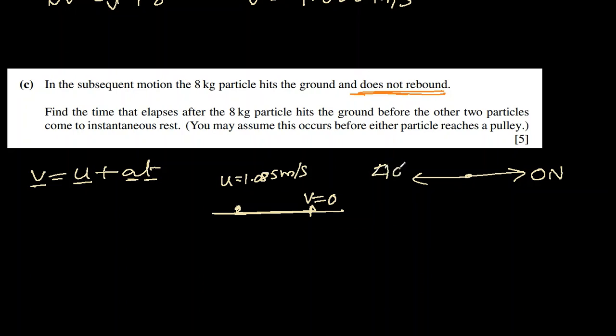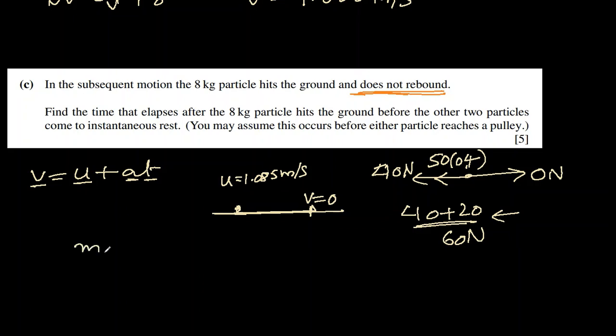One is 40 newton, the weight of the third particle, and the other is friction. Friction was 50 times 0.4, 0.4 was the mu, so 20 newtons. 40 plus 20, this 60 newton is still resisting it.